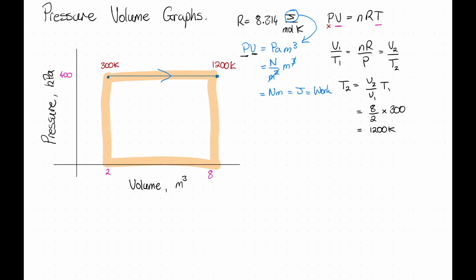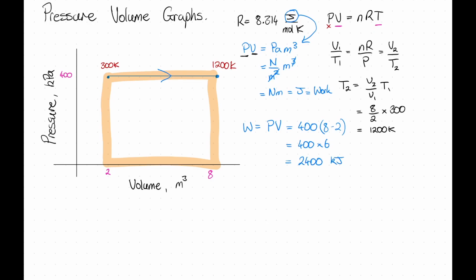So that means that our work is going to be equal to our pressure times by volume, which is then going to be equal to our 400, so our constant pressure, times by our change in volume. Our change is doing our final minus our initial, so 8 minus 2. So that is going to be 400 times by 6, and this is equal to 2400 kilojoules.